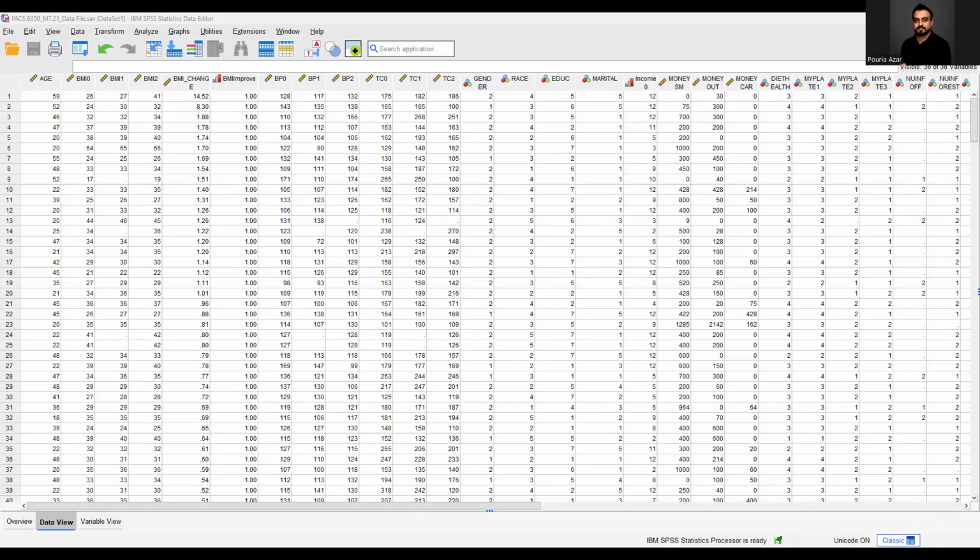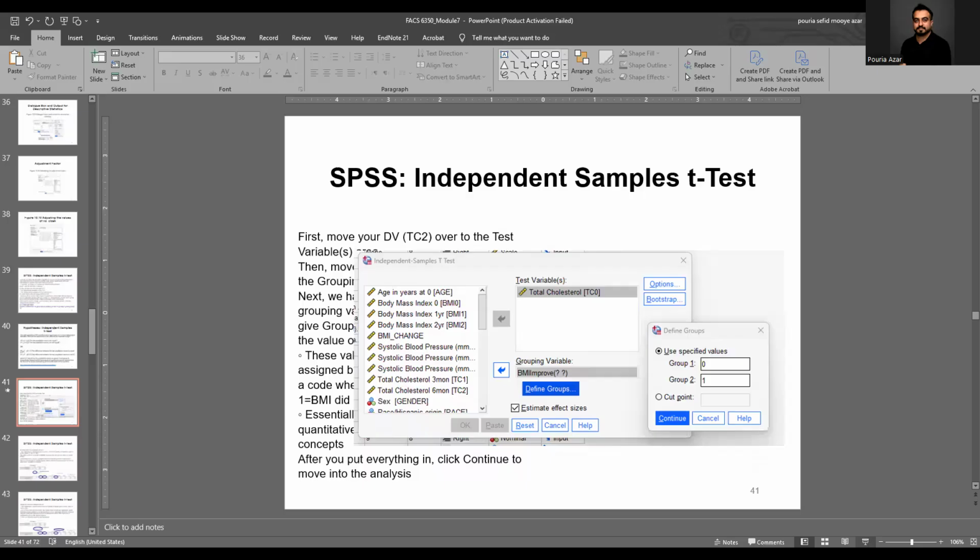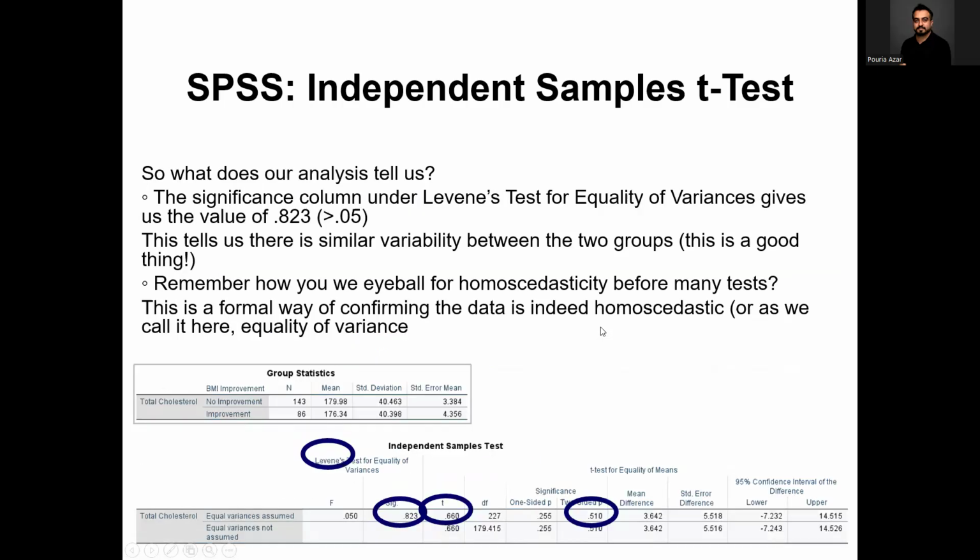So let's go back to the slide. The significance column under Levene's test for equality of variances gives us the value of 0.823, which is way above 0.05. This tells us there is similar variability between the two groups.